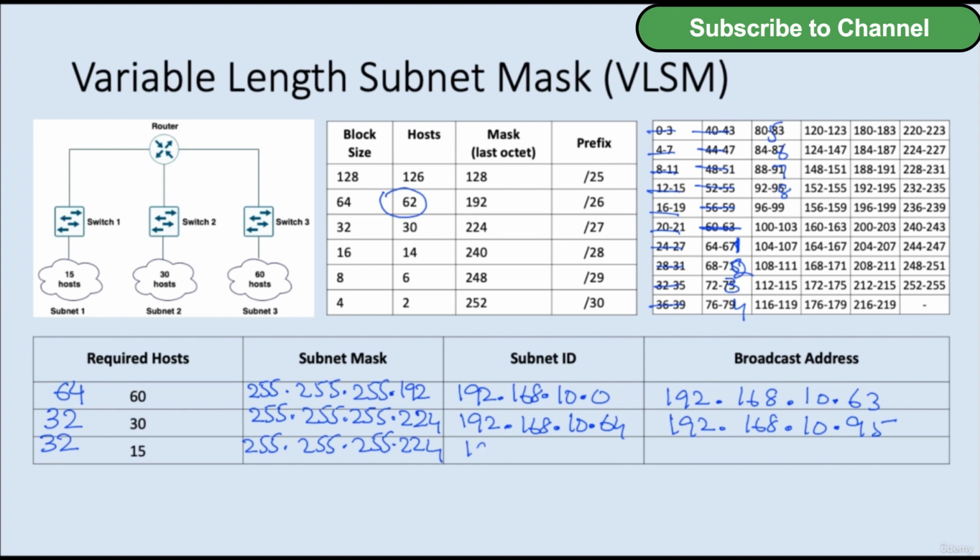The subnet ID will be 192.168.10. Because the previous one ended at 95, it starts from 96, and I will take 8 blocks: first, second, third, fourth, fifth, 6th, 7th and 8th. So the last address is 127.